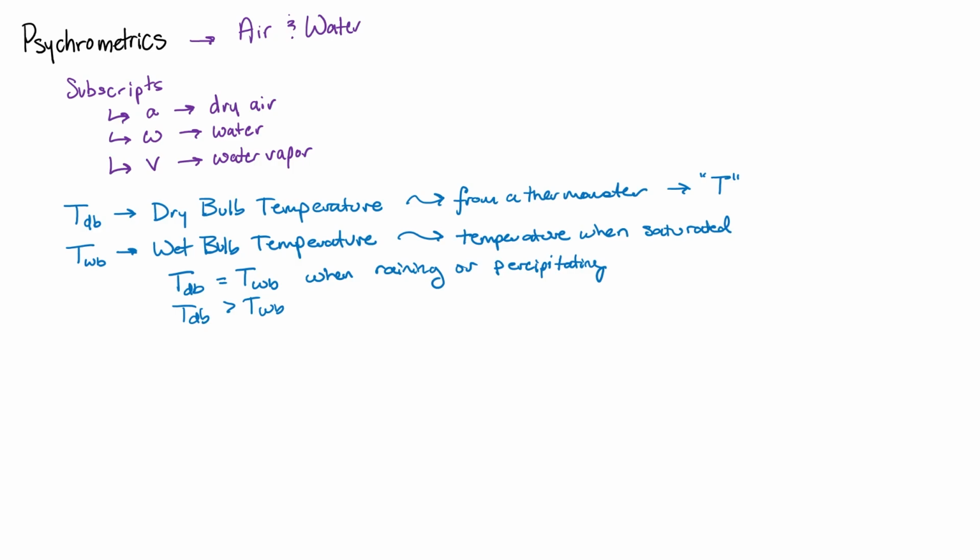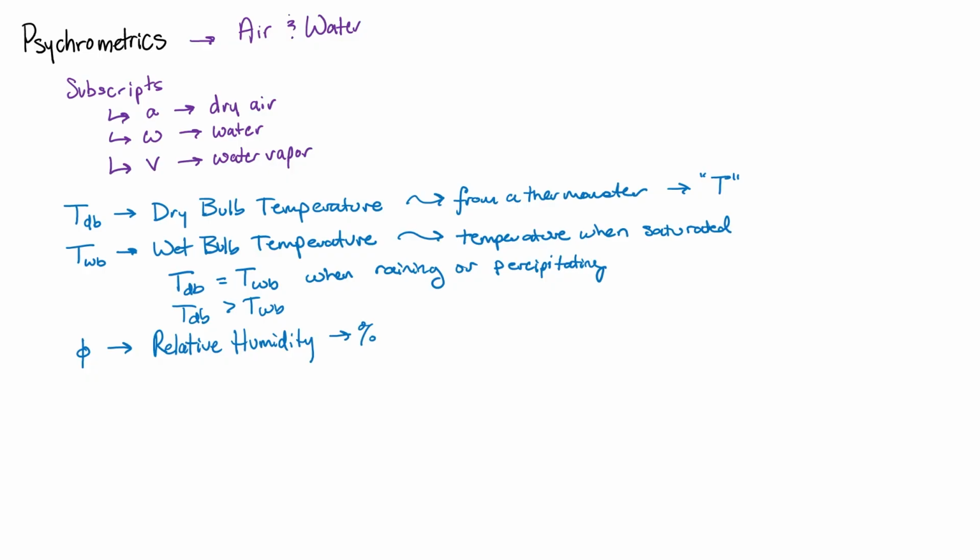So with this, we have a new term. We're going to designate it phi. And this is our relative humidity. And this is a percent.